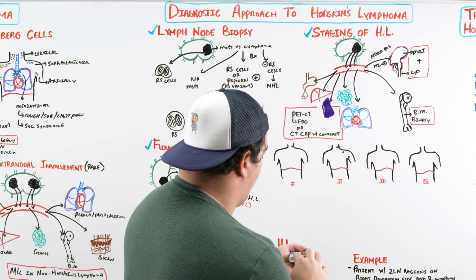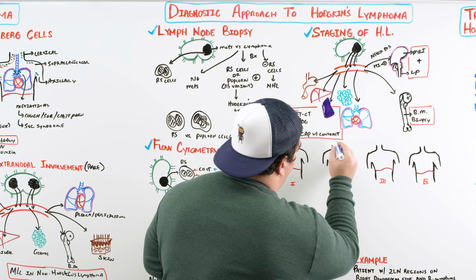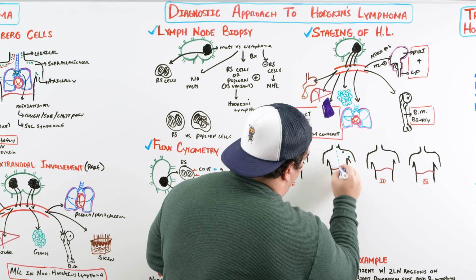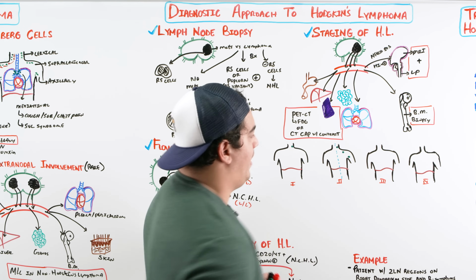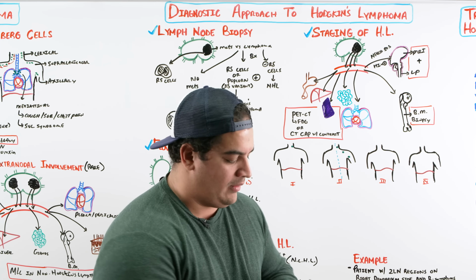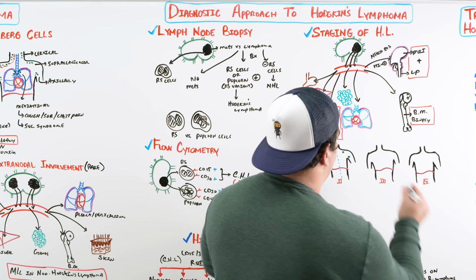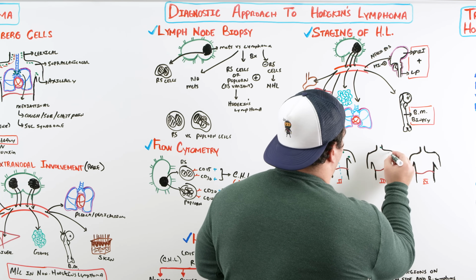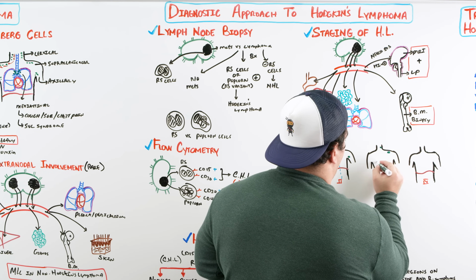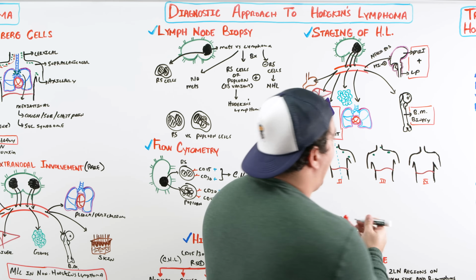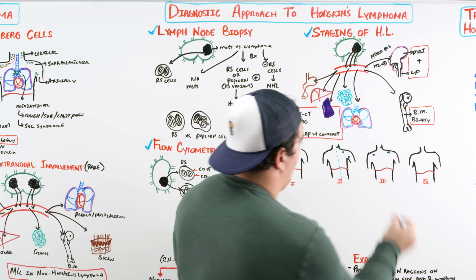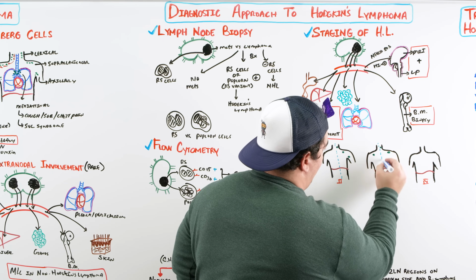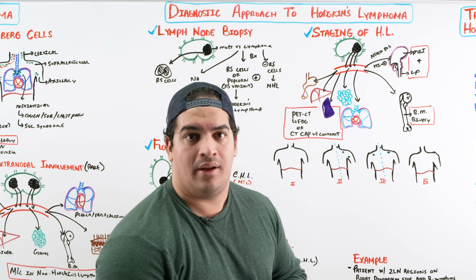If there's two plus lymph nodes that were involved and they were on the same side of the diaphragm, so now I'm gonna put like this imaginary axis here, they're on the same side of the hemidiaphragm, that's stage 2. If I have 2 plus lymph node regions being involved, and they're on opposite sides, or both sides of the diaphragm, that's stage 3.